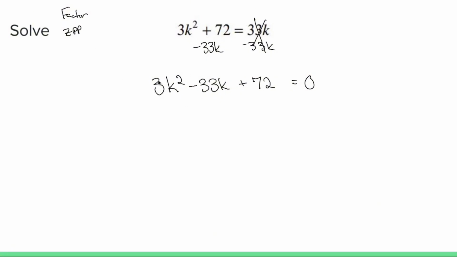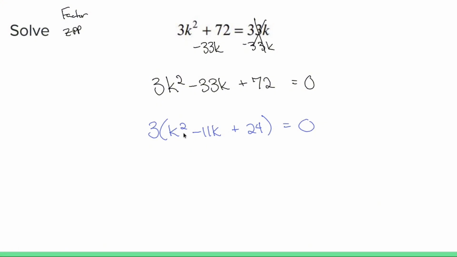Now what I notice right off the bat is each term has a 3 in common. So factor out a 3, and that leaves me with k² − 11k + 24. I thought it was going to be 21, it's actually 24. I was going to do the whole 21 thing, but it didn't work out. Very upsetting.